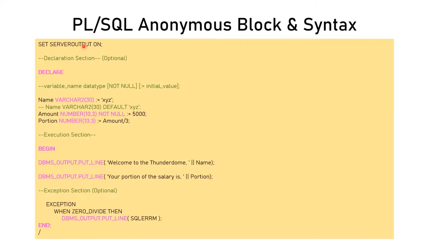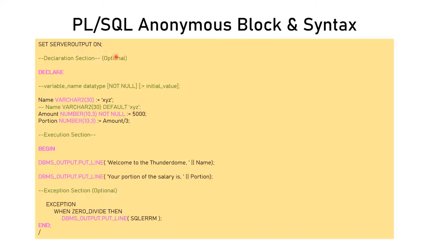If you do not execute this command before printing something, your program will fail to print things on your console. All right? Again, it is not necessary to write down this command each time you write down a program block. You only need to write down this command once each time you log in to your account.